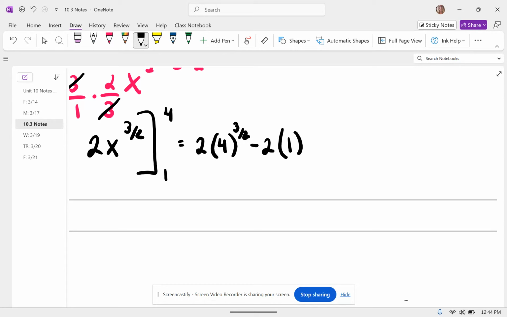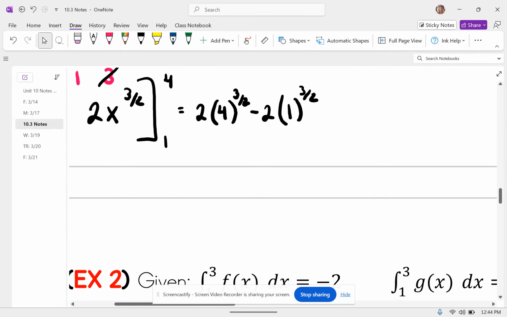Very interesting. I think it's 14. What is it? Oh, 3 over 2. So what do you guys think? 4 to the 3 over 2. Didn't we just figure that out? Yeah. Is it 14? And then 1 to the 3 over 2 is always what? Times the 2.